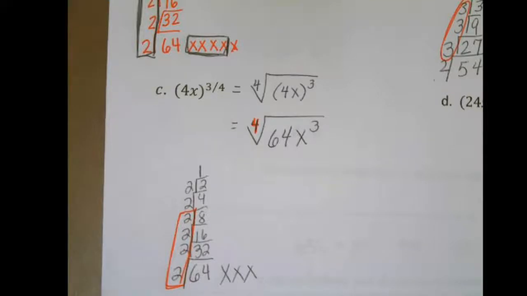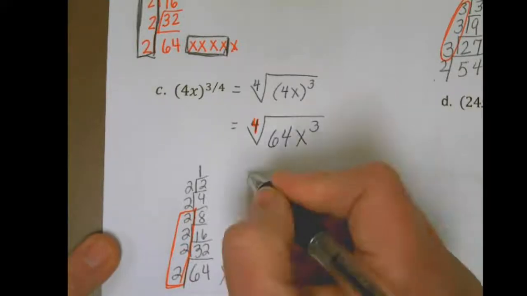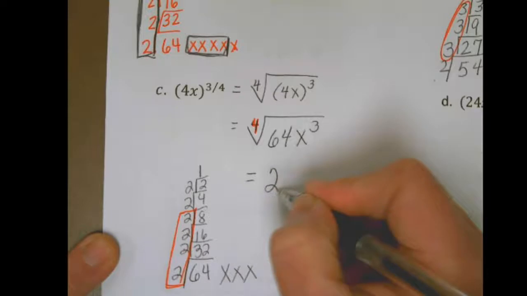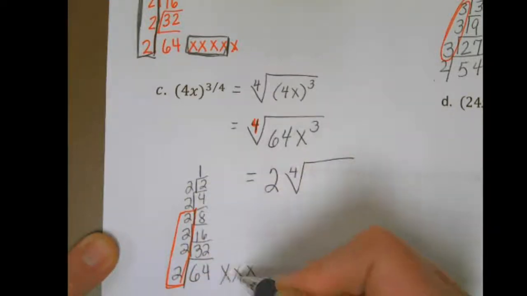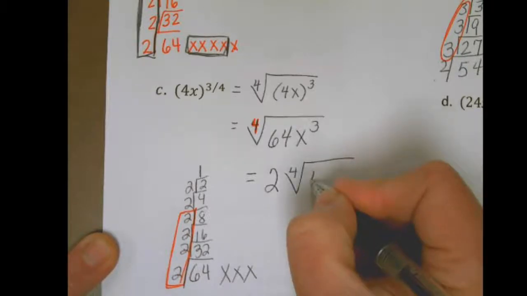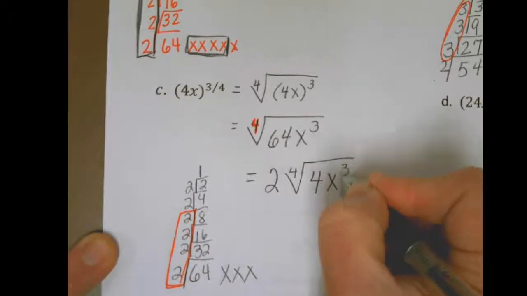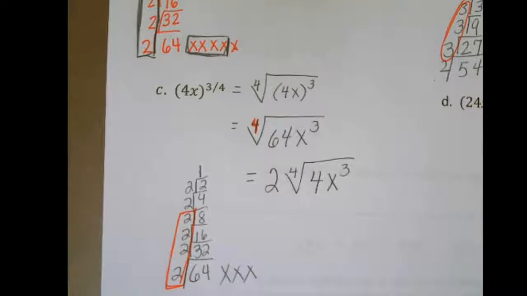No. And so the only thing that gets to come out of the radical sign is a 2. So I have 2 times 2 times x times x times x. 2 times 2, 4x to the 3rd power. That is simplified. It doesn't look simple, but that's called the simplified form.